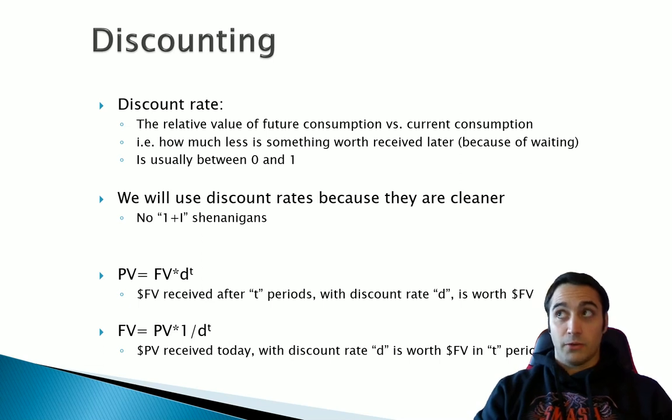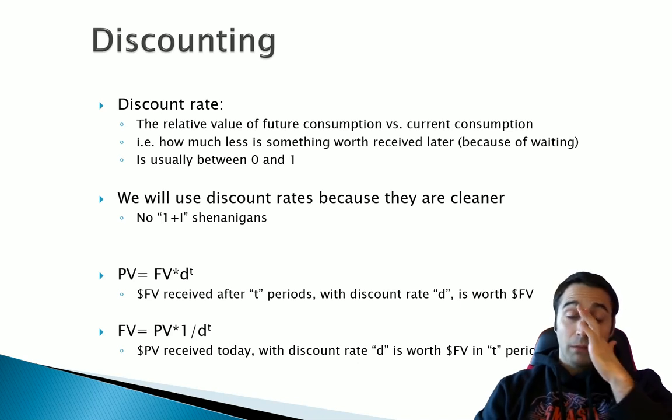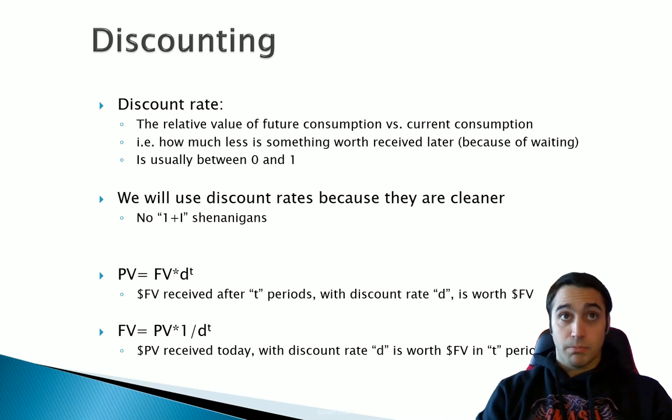If you got that $100 in 2 years, it'd be 0.81 times 100. And so on and so forth. You can also take this present value function, divide by delta to the t, and find that the future value of something is just the present value times 1 over delta. This would be the idea of, well, how much is $100 today worth tomorrow? Well, if my discount rate is 0.9 again, it'd just be 100 divided by 0.9.